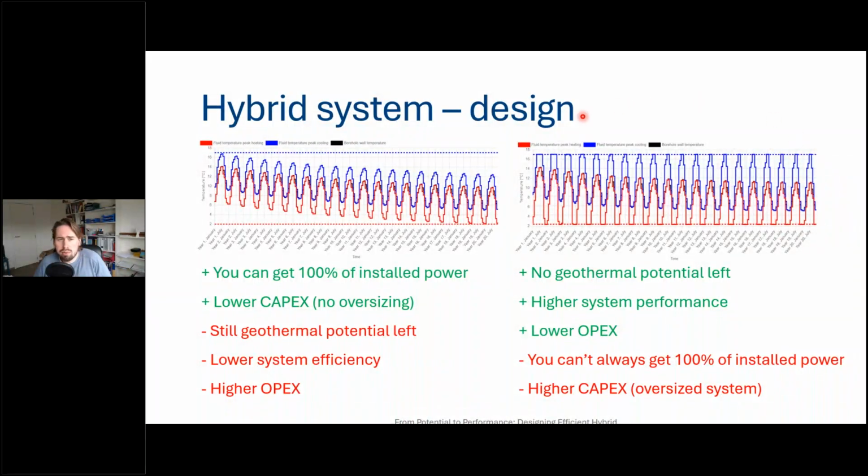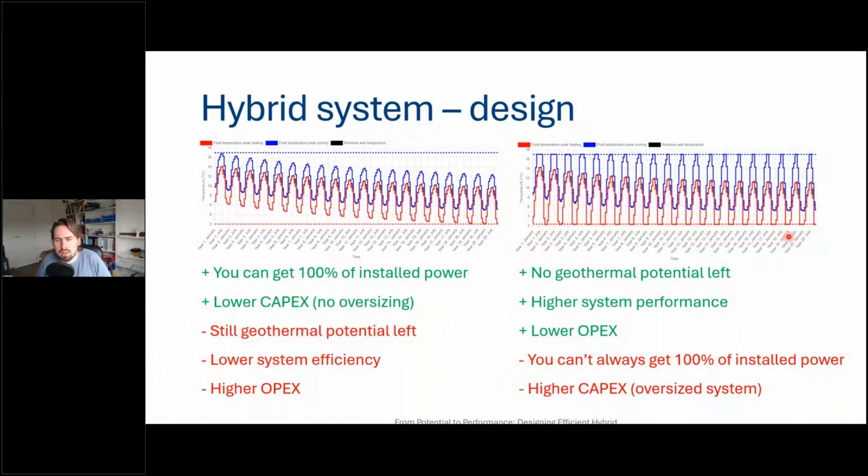On the other hand, we have a figure with no geothermal potential left. So we have the highest system performance because we're really getting everything out of the ground. The lowest operational expenses also, but we need to install some extra power in order to tap into the energy potential in these first years.